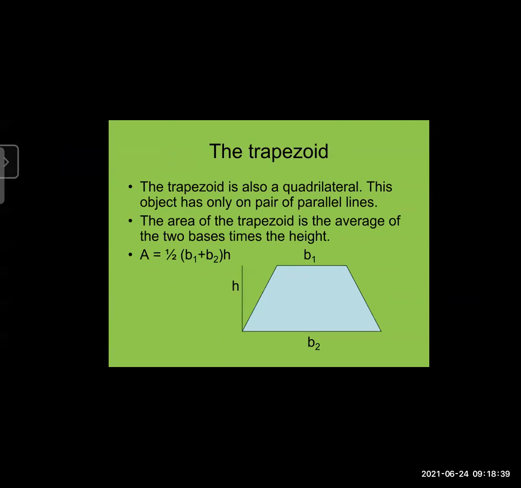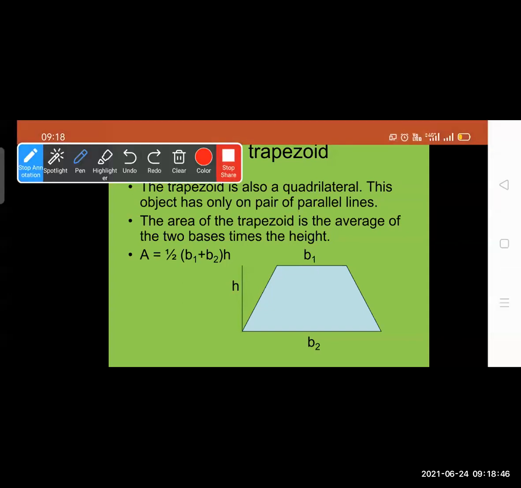For the area of the trapezoid, first we draw the perpendicular height here. So the formula is area of trapezoid is equal to half into sum of two parallel sides into height.